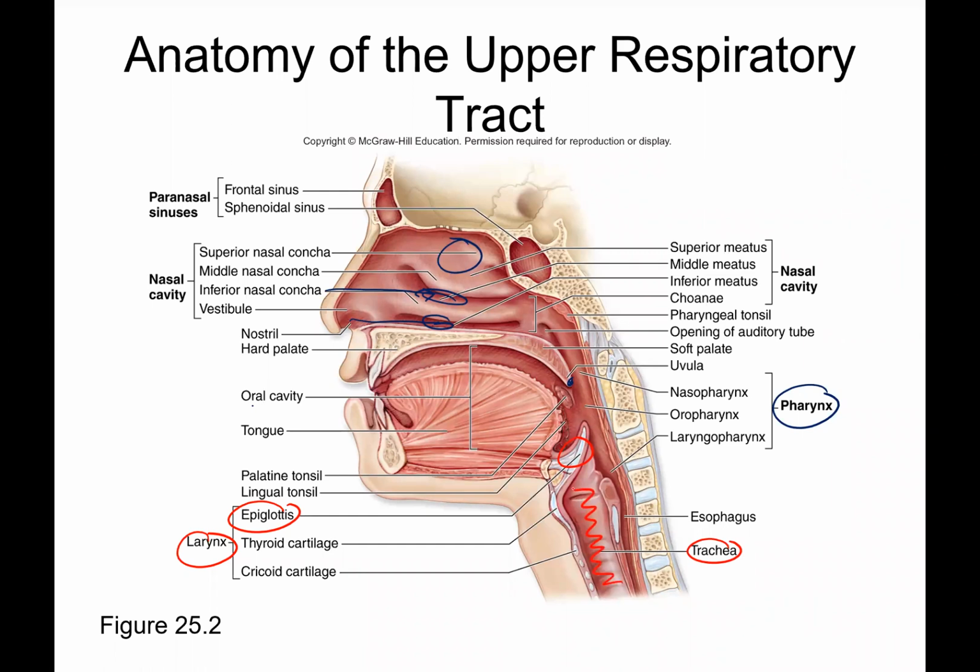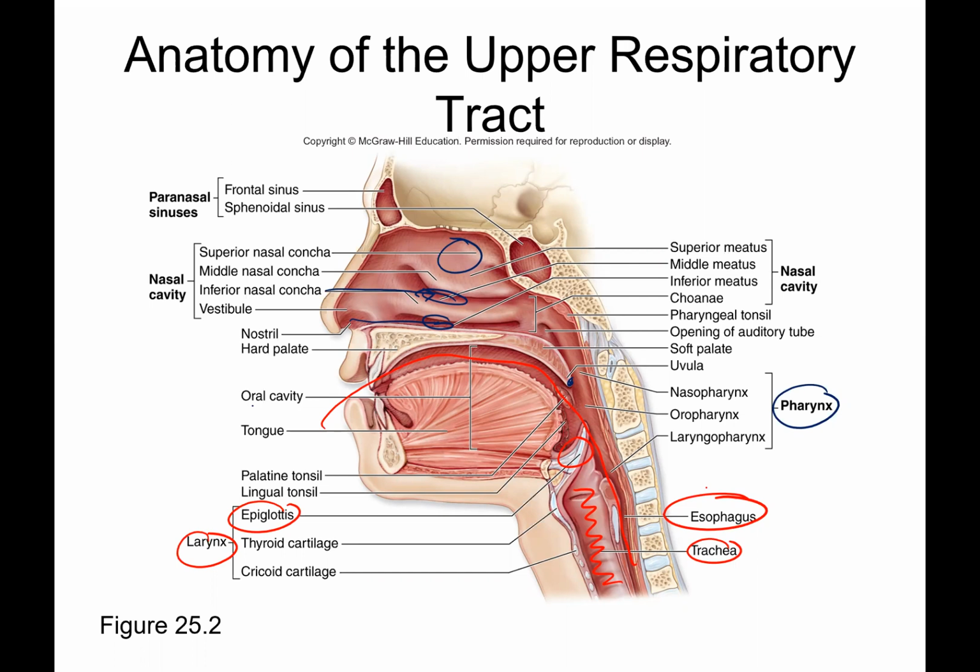And the idea is when you swallow food or drink, you want the food to be routed into the esophagus. So in this lateral view, the esophagus actually lies posterior to the trachea. It's behind the trachea. If you look at a person from the front, an anterior view, the first tube you come to is the trachea.